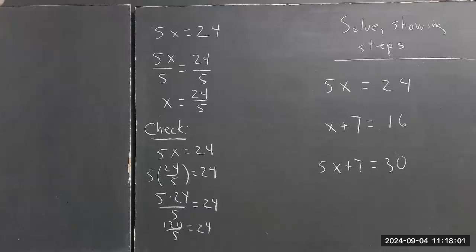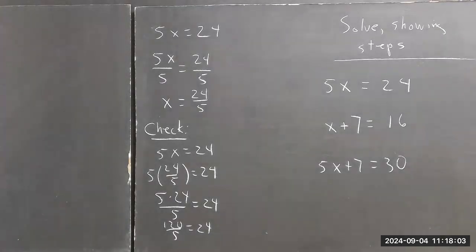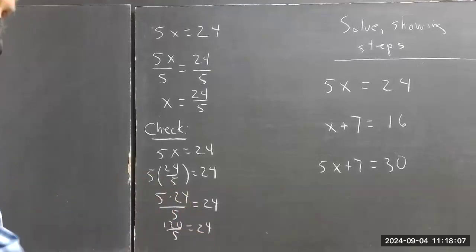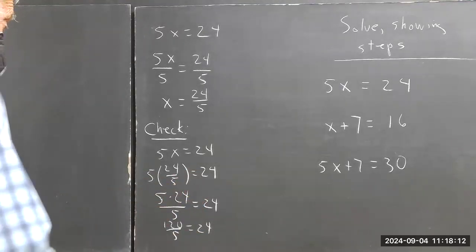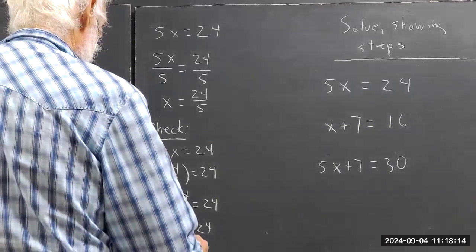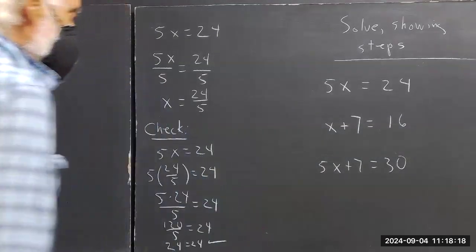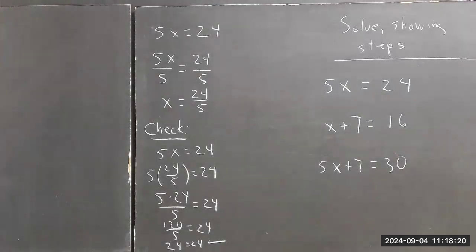I discourage the use of calculators for the simplest arithmetic. And if you can't do that in your head, it's illegal to punch that in the calculator, okay? And that gives us 24 equals 24. And now we're done.